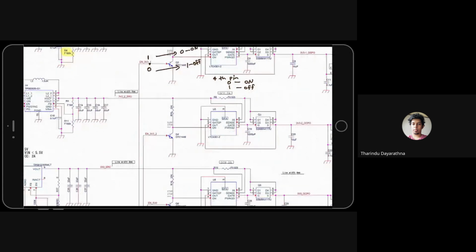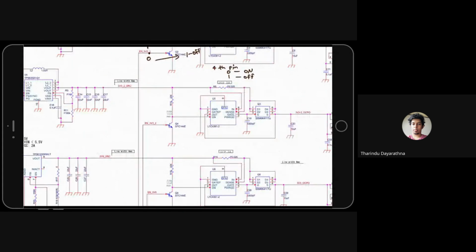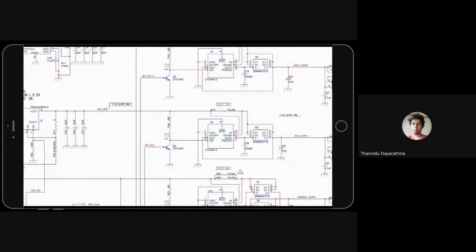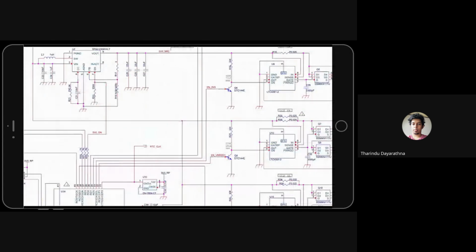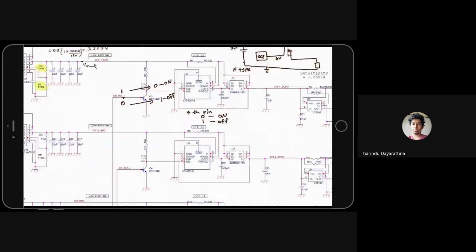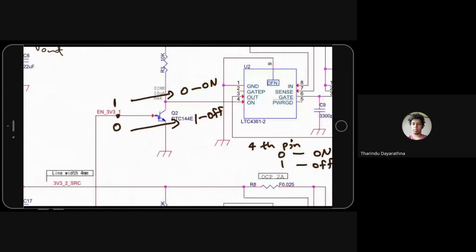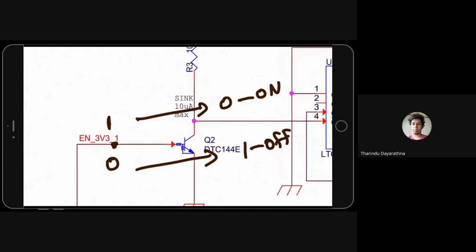Let's see where this line goes. This goes here, here, here, and again goes to this PIC. Understand? But you can see there is no 1K resistor. The reason is this transistor, if I zoom in, is not a Darlington, it's a pre-bias transistor.